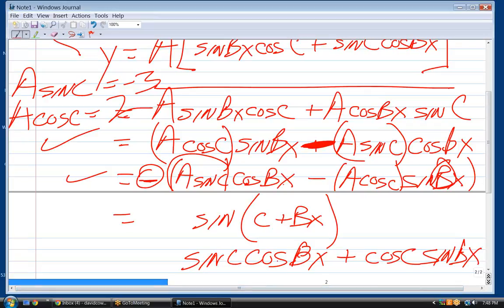So working backwards, there's the A. No, there's the A right there. And C, wow.